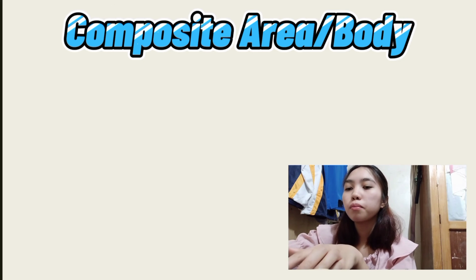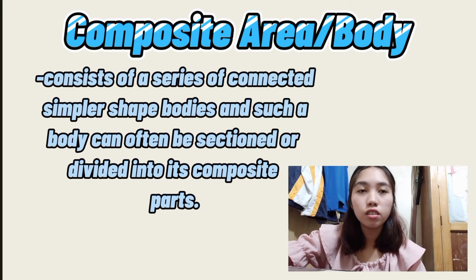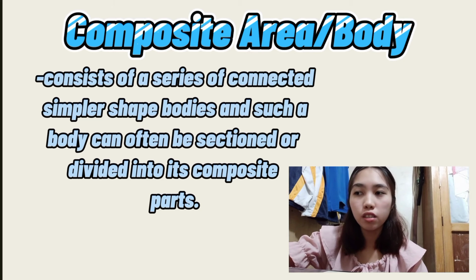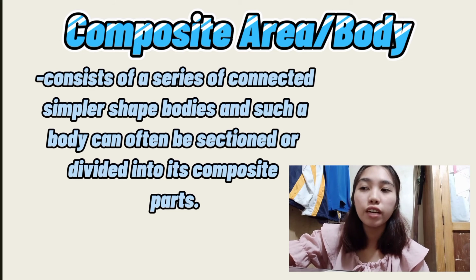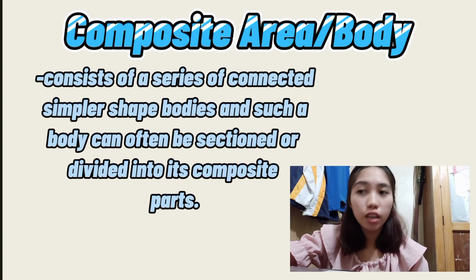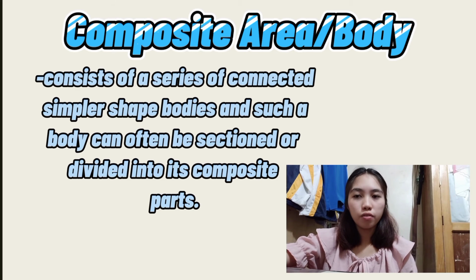The composite body consists of a series of connected simpler shaped bodies, and such a body can often be sectioned or divided into its composite parts, provided the weight and location of the center of gravity are known.